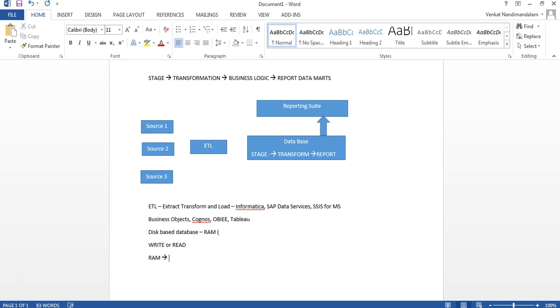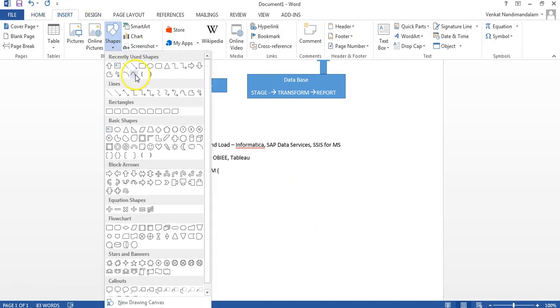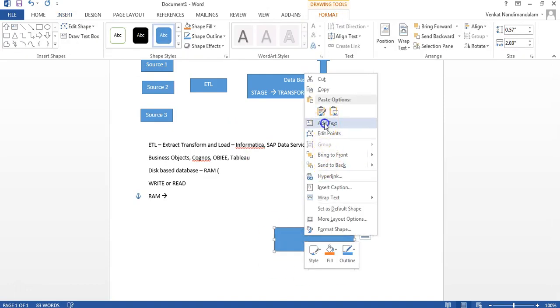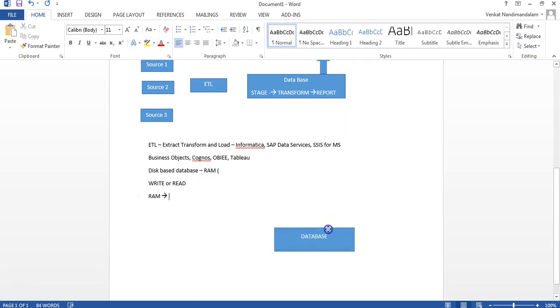Okay, so it's going to be like, you have your database, and you have the RAM on top of it. So this entire database will be controlled by this RAM.